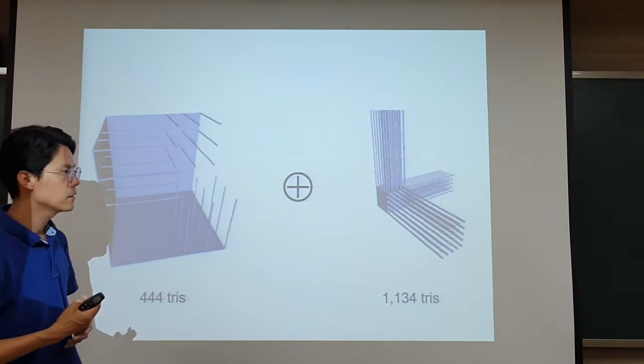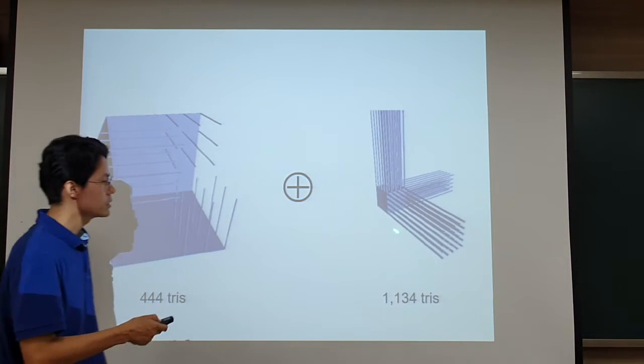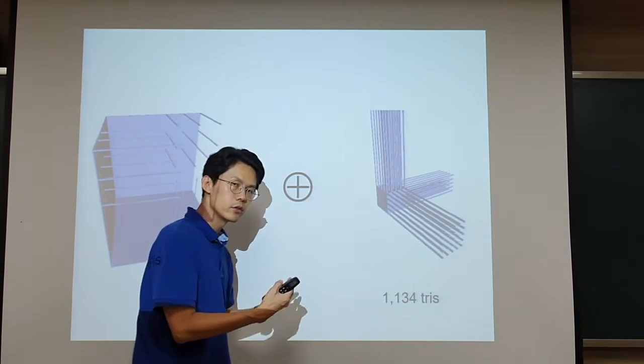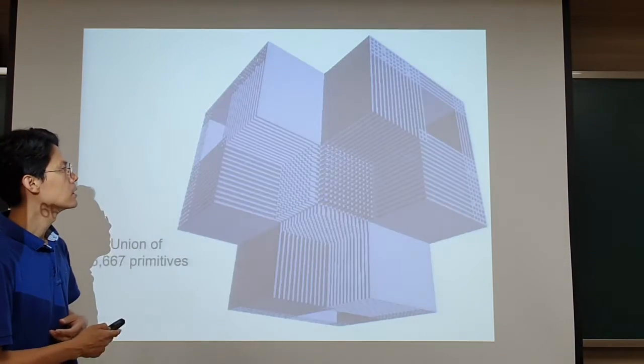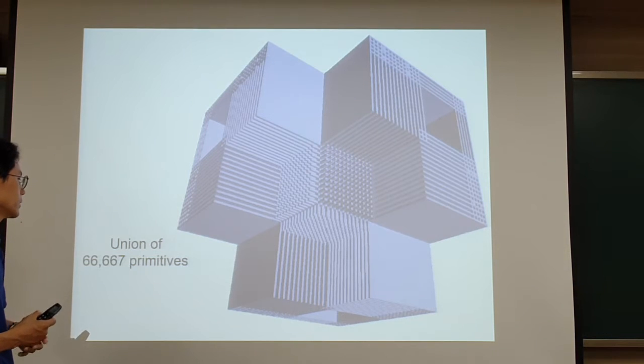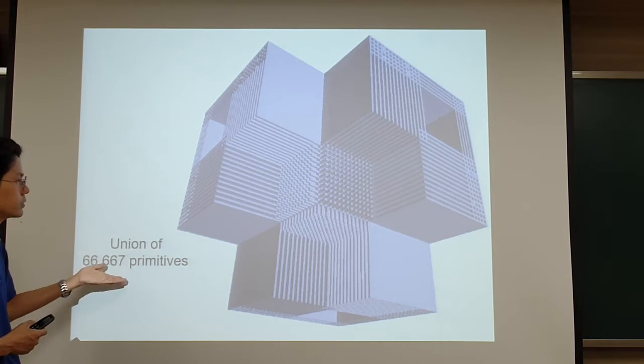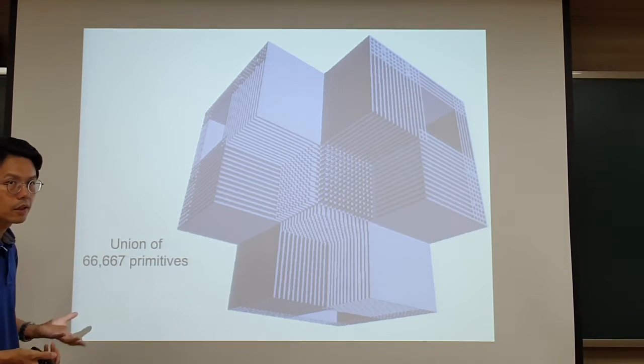For 3D cases, this one object has about 400 triangles, another object has 1000 triangles. If we do the Minkowski sum, then the end result consists of 66,000 triangles, 66,000 of these primitives, which is a lot, right?